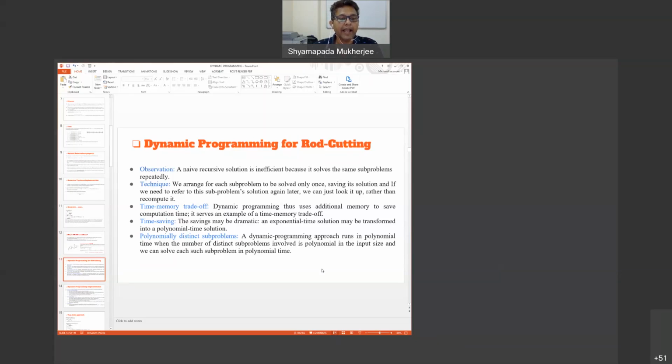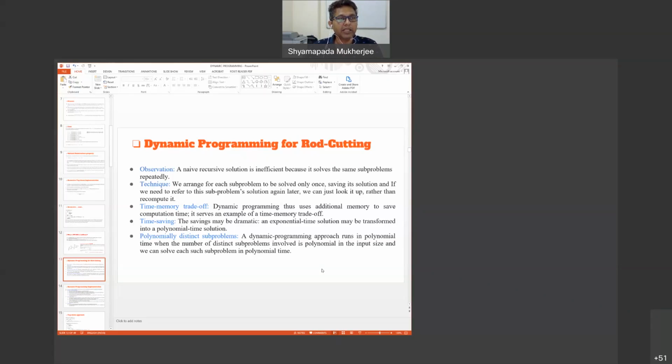Okay, and we can see that the total time comes down to polynomial. When we use a normal recursive procedure for the rod cutting problem, the time complexity is exponential. But if we use this dynamic programming approach, the time complexity comes down to a polynomial time solution.